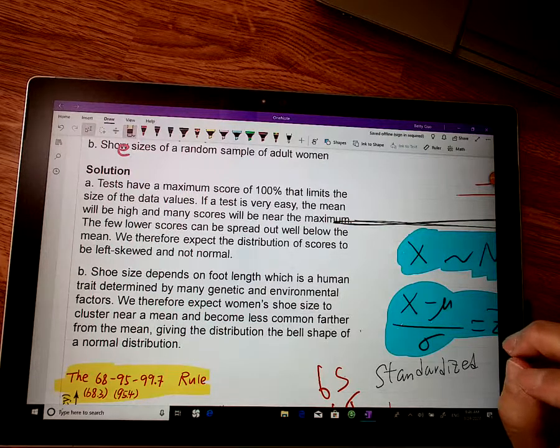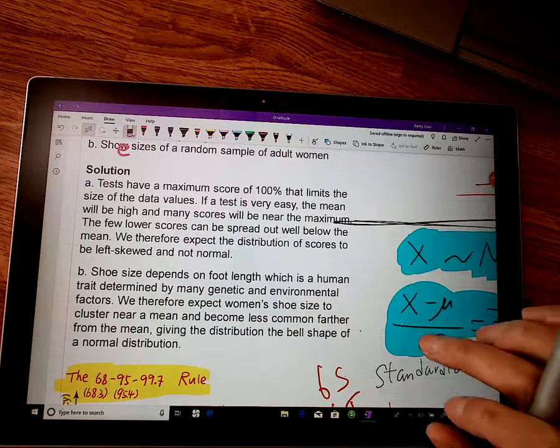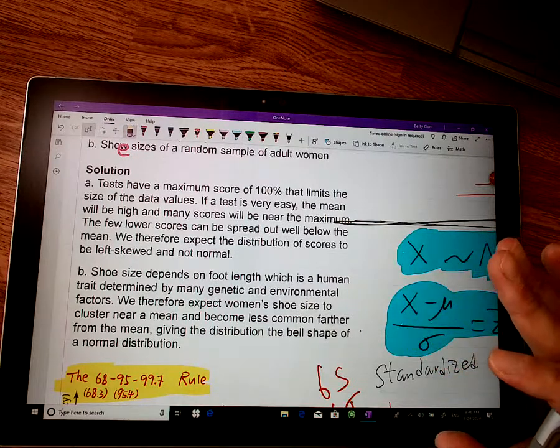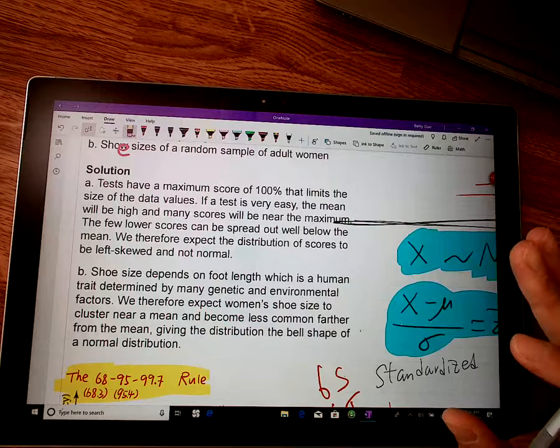The few lower scores can be spread out well below the mean. We therefore expect the distribution of scores to be left skewed and not normal. Skewed to the left, right? Yeah, and you can think about that. If the test is hard, then the distribution is going to be skewed to the right.